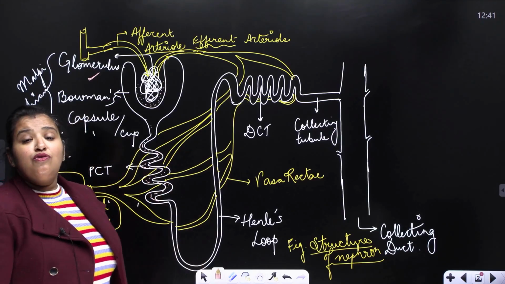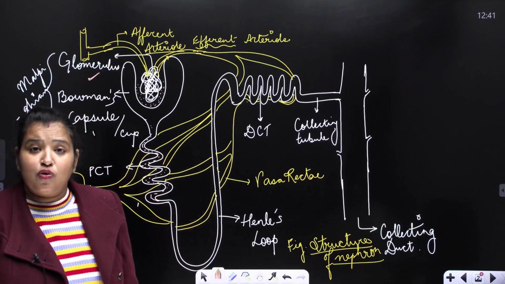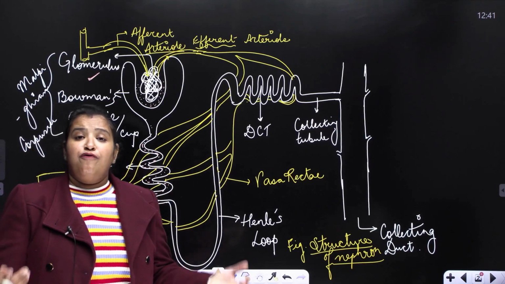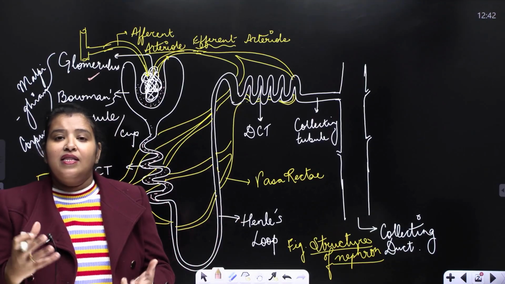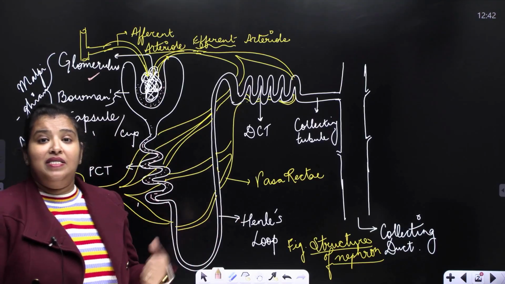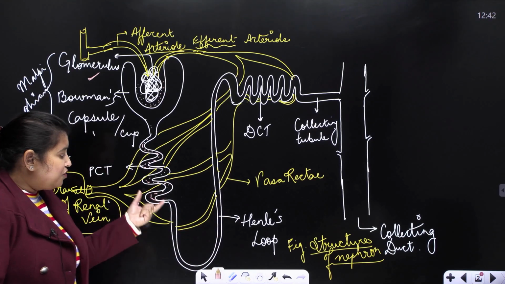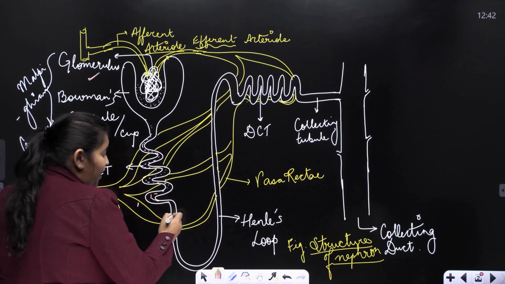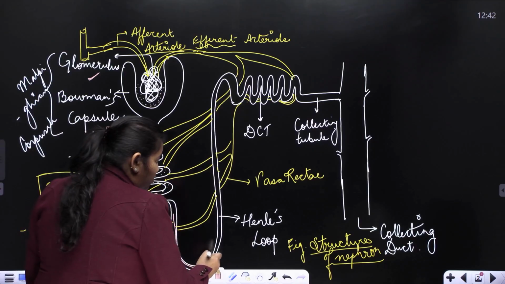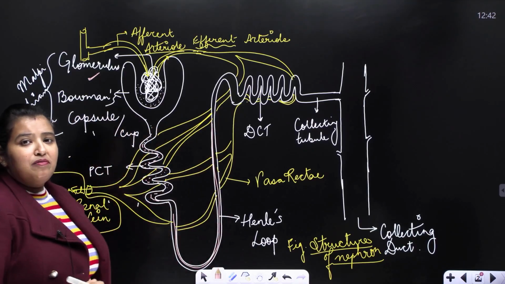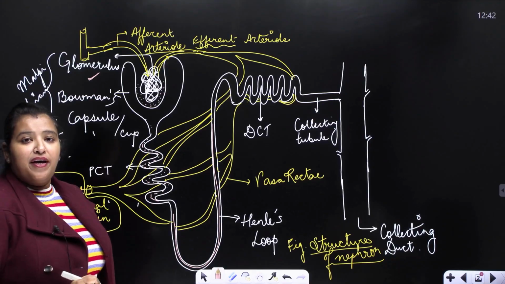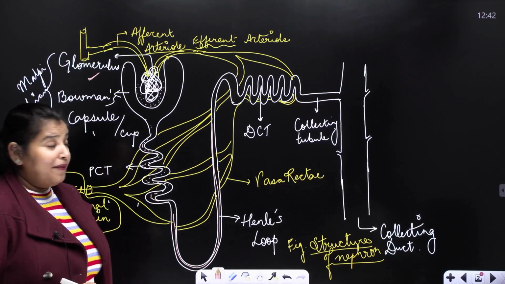That is, all the useful materials are reabsorbed. Absorption of glucose, amino acids, certain salts takes place here in the PCT. As the filtrate moves further in the loop of Henle, here reabsorption of water takes place. Maximum amount of water is reabsorbed here in the loop of Henle.